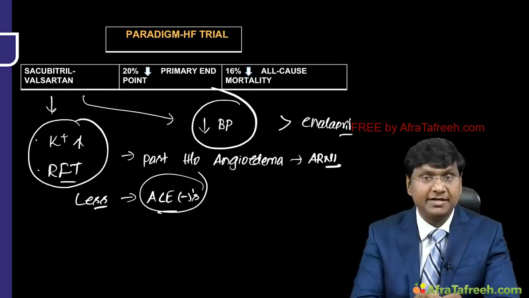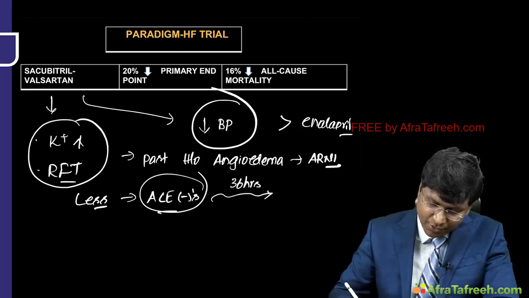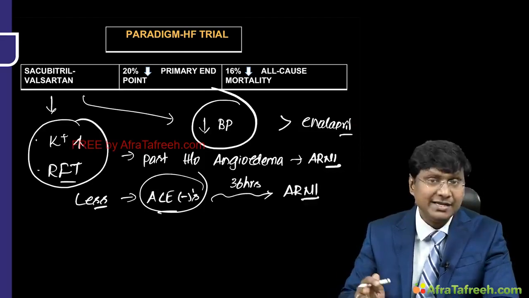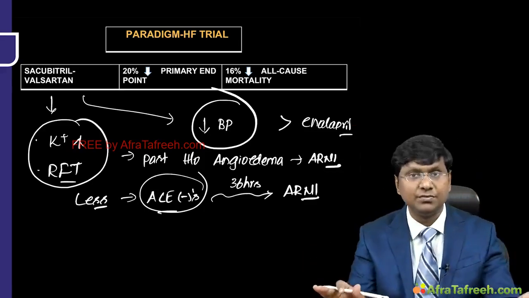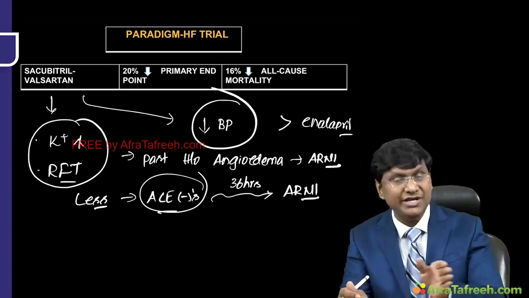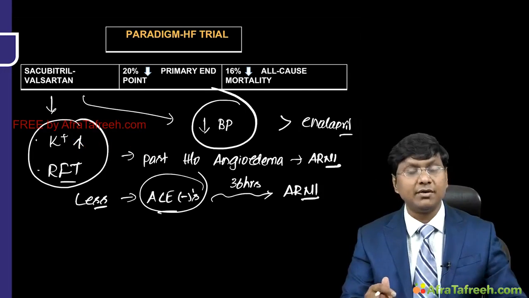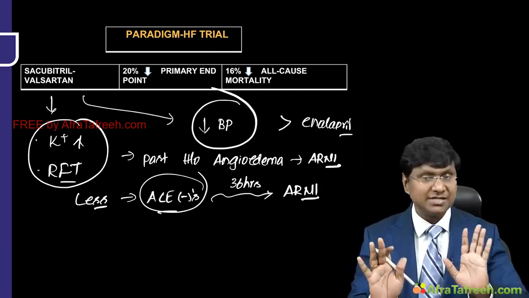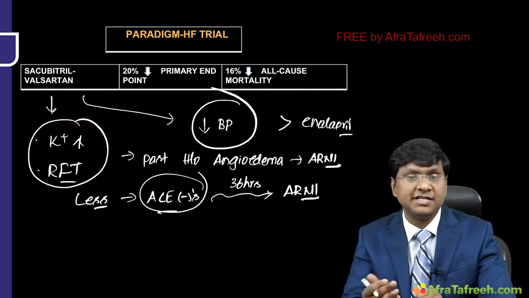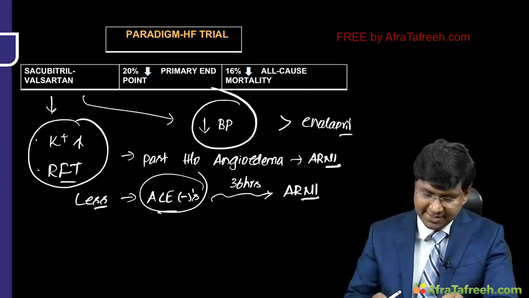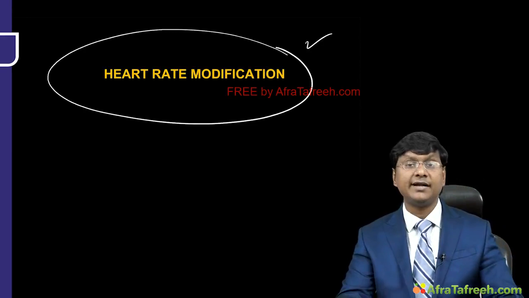You stop the ACE inhibitor and wait for almost 36 hours to start the ARNI. It is not that you stop the ACE inhibitor and start ARNI immediately. No. Stop the ACE inhibitor, wait for 36 hours, then start the angiotensin receptor blocker and neprilysin inhibitor. Okay, so this is about the neprilysin inhibitor plus angiotensin receptor blocker, which is your PARADIGM-HF trial.